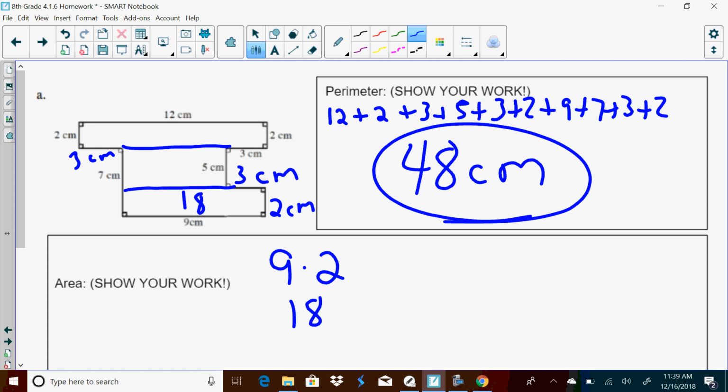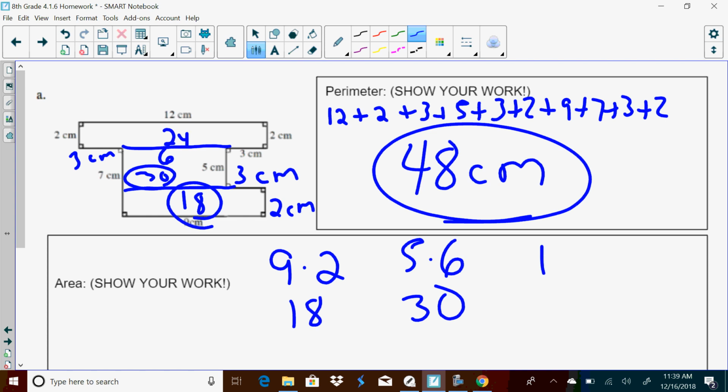I have a 5, and this middle piece has to be, this is 9, 3 has to be 6. So 5 times 6 is going to give me 30. So this part right here is 30. And then 12 times 2 is going to give me 24. So to find the total area, I add them all together, and I get 72 centimeters squared.